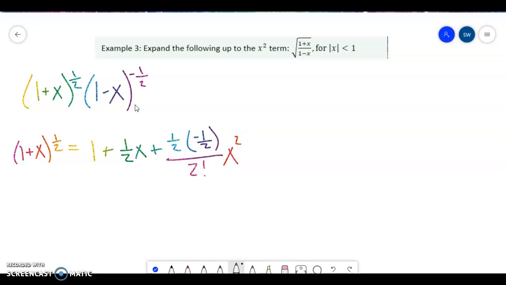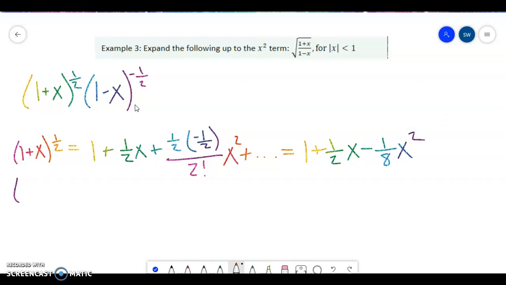If we simplify that, that is 1 plus 1/2 x, and then minus 1/8 x cubed. No, sorry. Not cubed, squared.